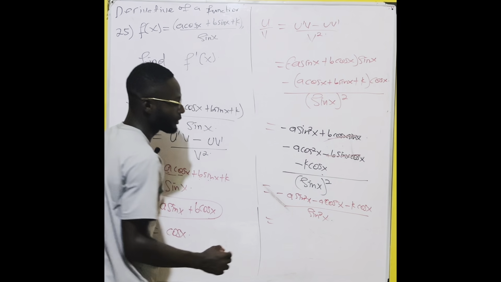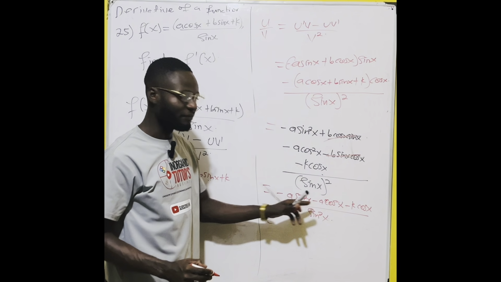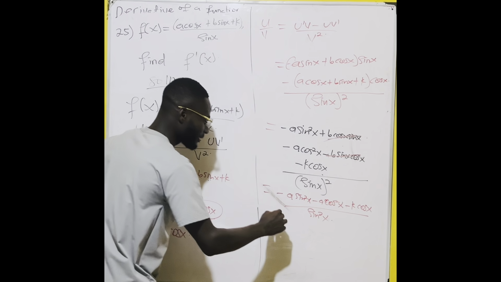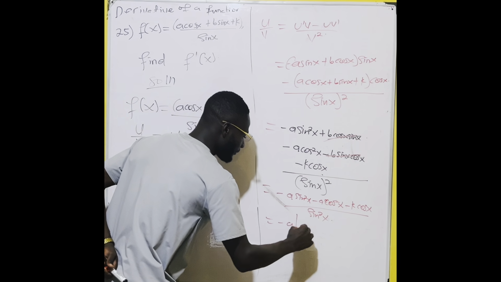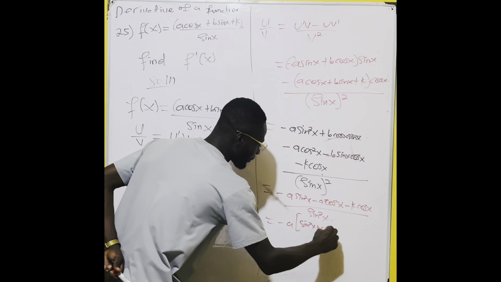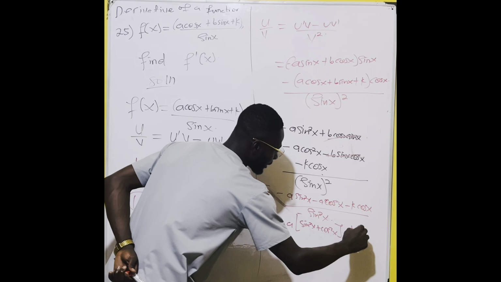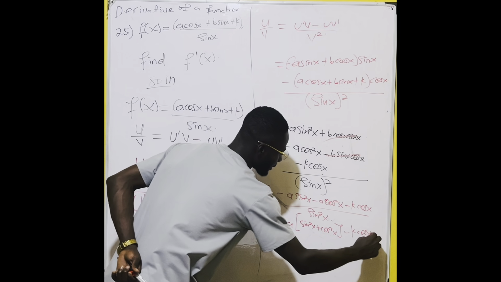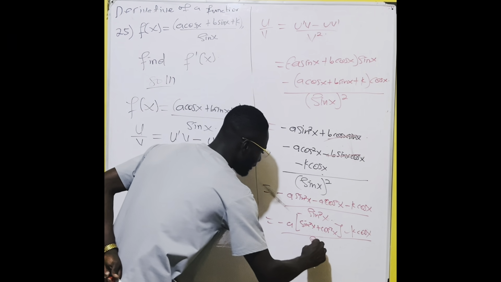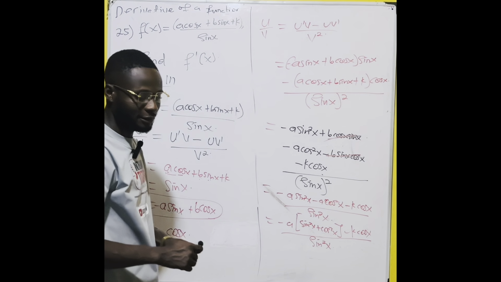And we know that negative a is common to these two terms, so we can factor that out. When we factor that out, we have sine squared x plus cos squared x, minus k cos x, divided by sine squared x, right?